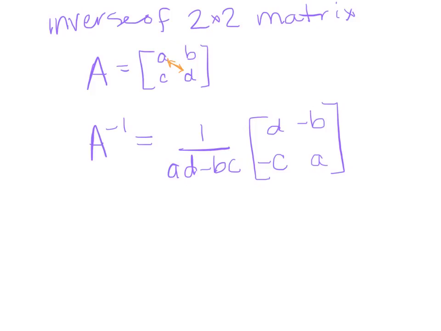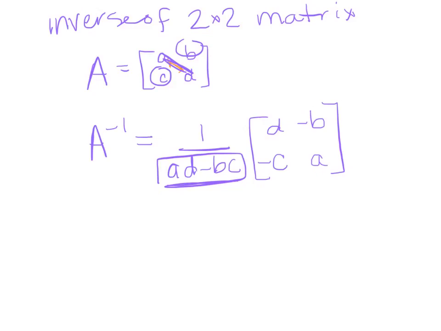So it's more of a process than a formula to remember. Switch these two, add the negatives to the other diagonal pieces. So that's the formula. You can see you're not going to have an inverse when this ad minus bc term is equal to 0. In that case, there will be no inverse.